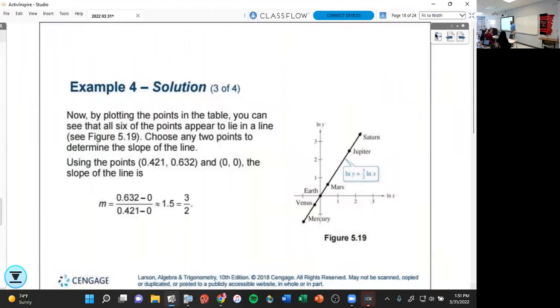Okay, here is the data plotted after taking natural logs. We looked at the slope, and it was pretty close to 1.5, right? So that gives us this. Now we're going to write the equation of the line. What is the equation of that line? It's already written right here for you. The equation of that line is natural log of y equals 3/2 natural log of x.